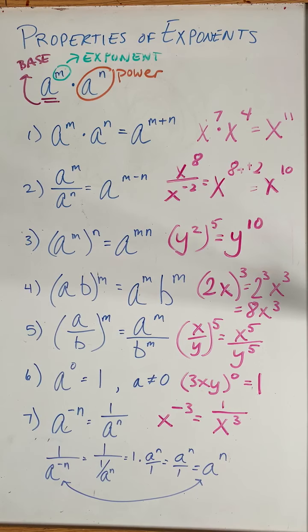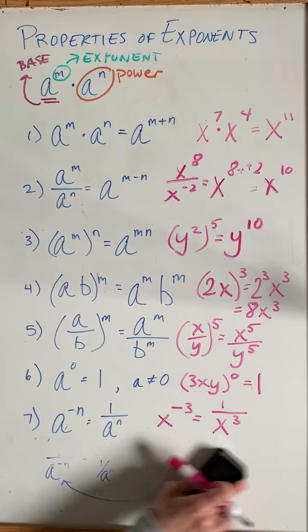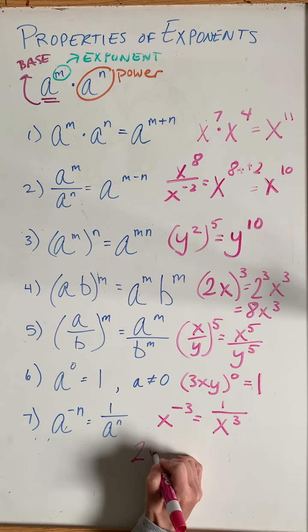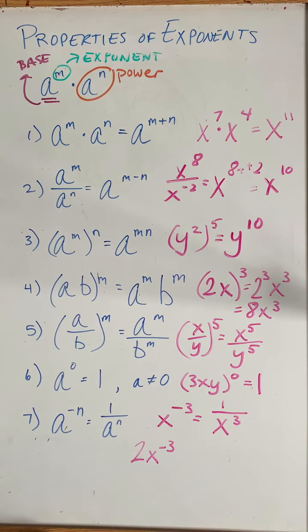third. And another thing to be careful of with this one, let me erase this, is, let's say you had 2x to the negative third. All right, what are we actually raising to the negative third power here? In this case, we're only raising x to the negative third.